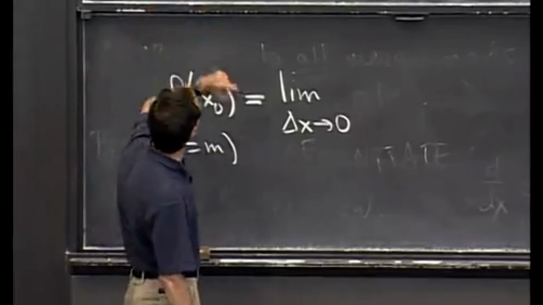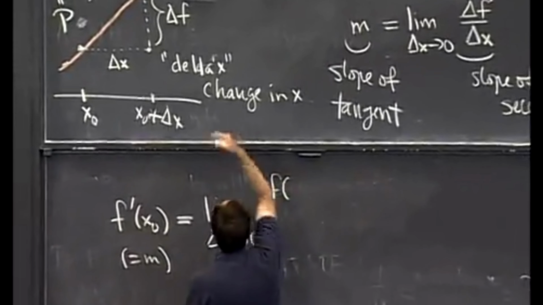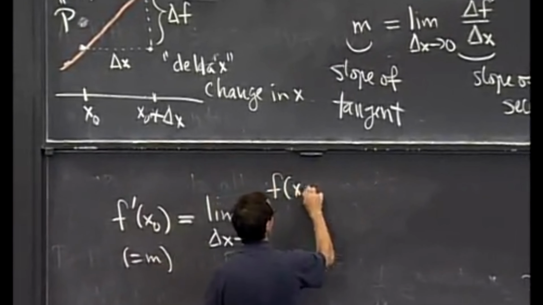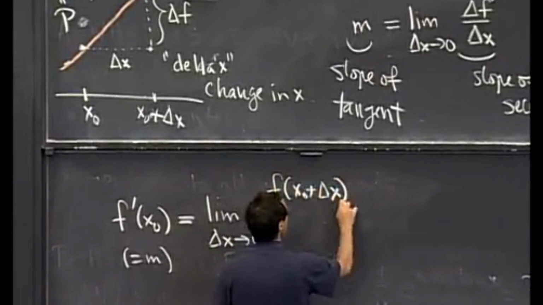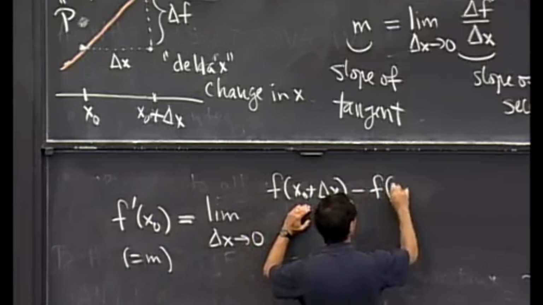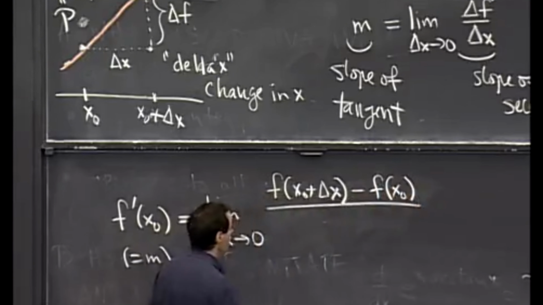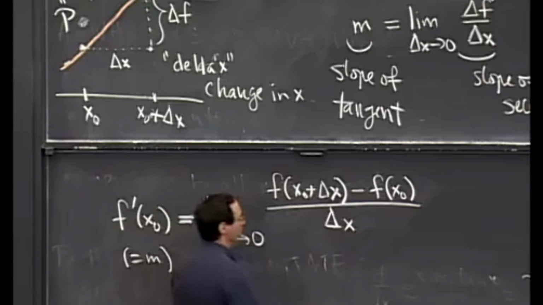Well, the change in f is the value of f at the upper point, which is x0 plus delta x, minus its value at the lower point P, which is f of x0, divided by delta x.